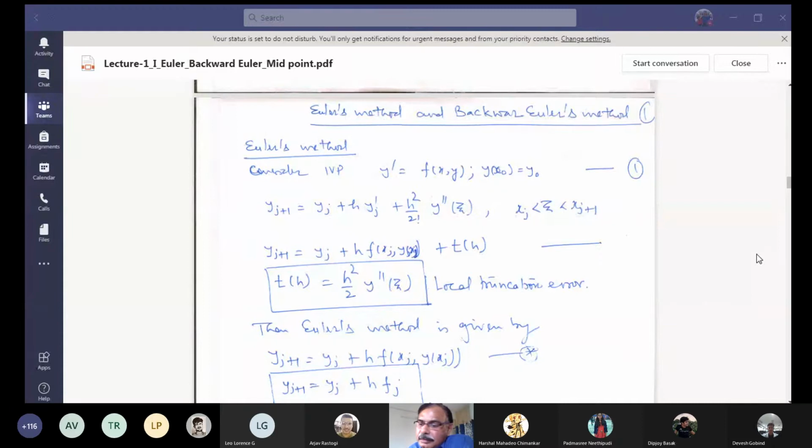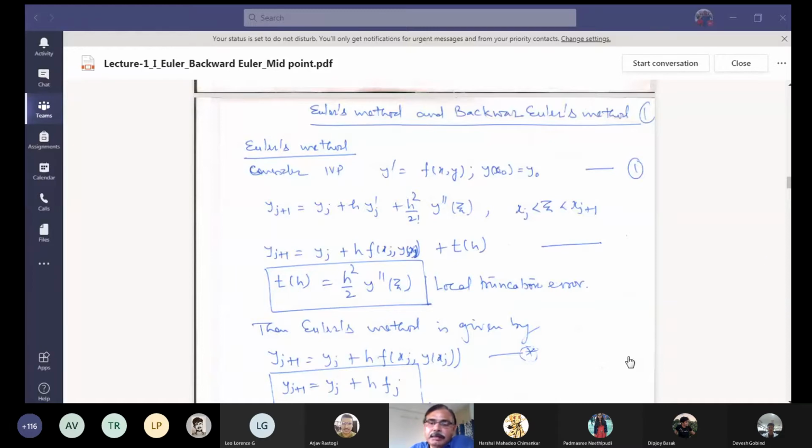Okay. Then you can rewrite this as yj plus 1 equals yj plus h y prime j plus h square by 2 factorial y double prime xi. Is that clear?